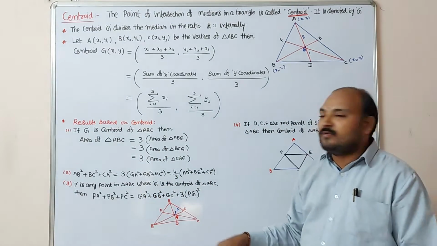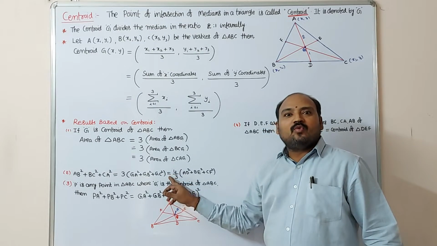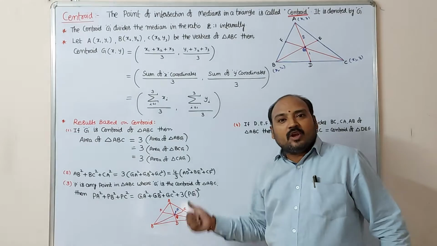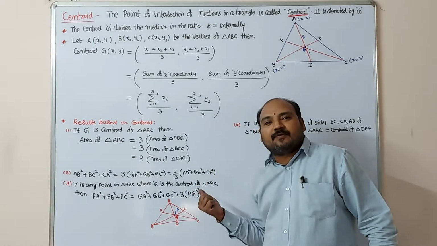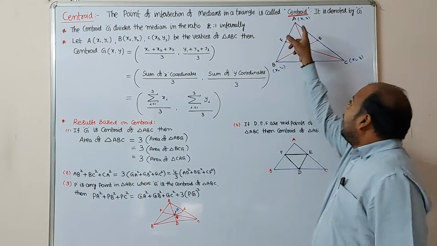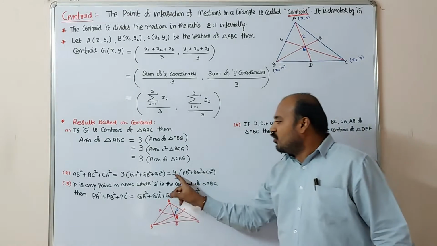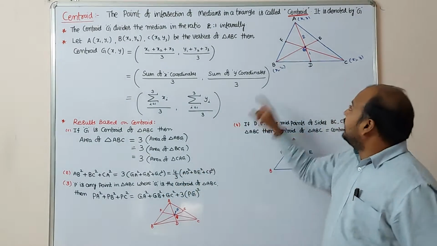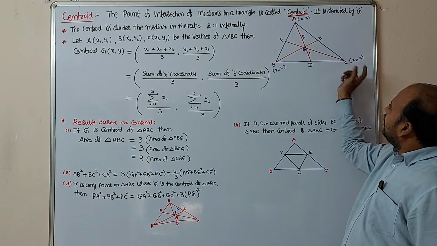Not only this one, it is also equal to 4 by 3 times the sum of the squares of AD, BE, CF, which are called the medians of the triangle.